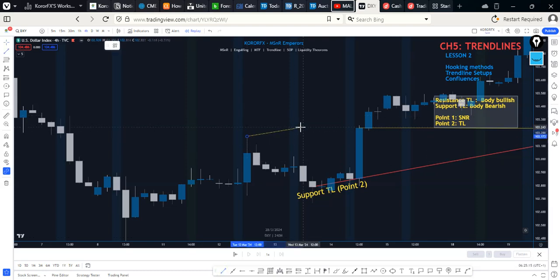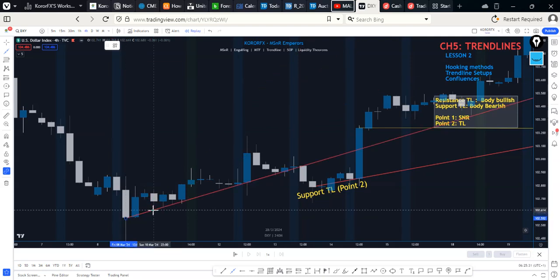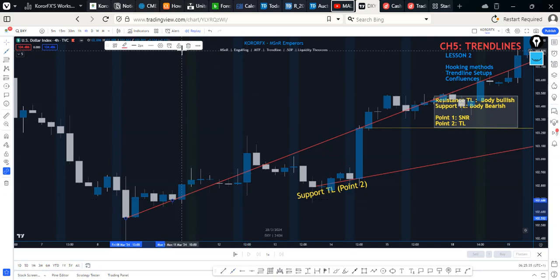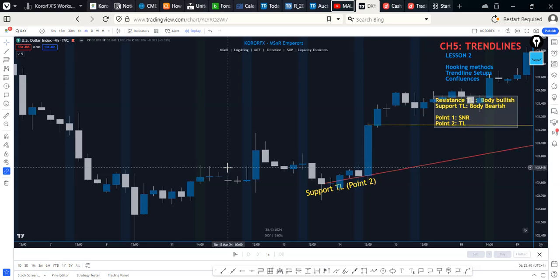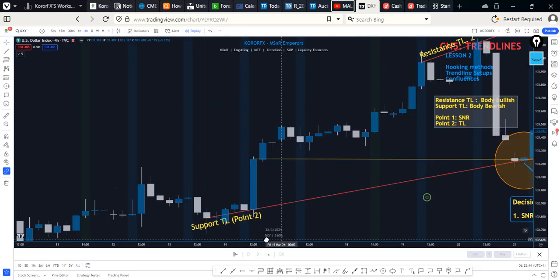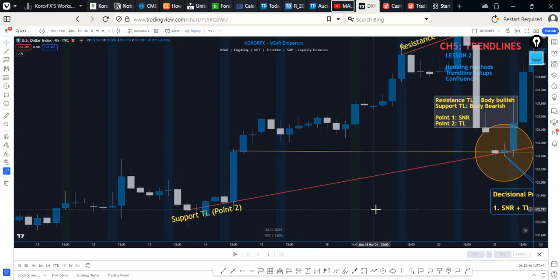Always focus on the candle close. Even if a bullish and bearish candle meet together, always drag the extended trend line from the closing points. Do not focus on the open candle. I think that this is really so amazing. So that is the confluence with the SNR, Malaysian SnR plus trend line.